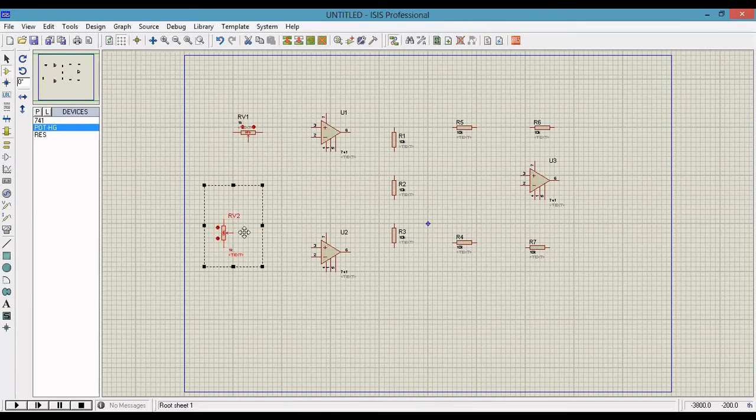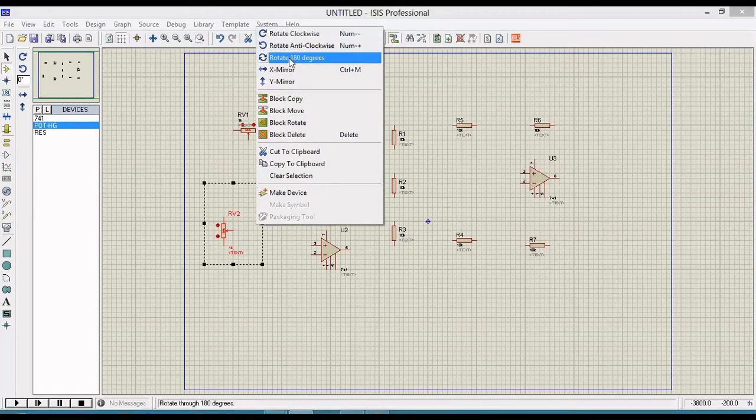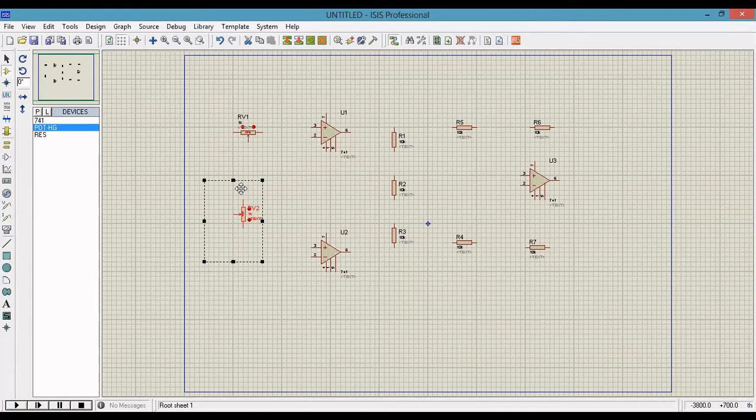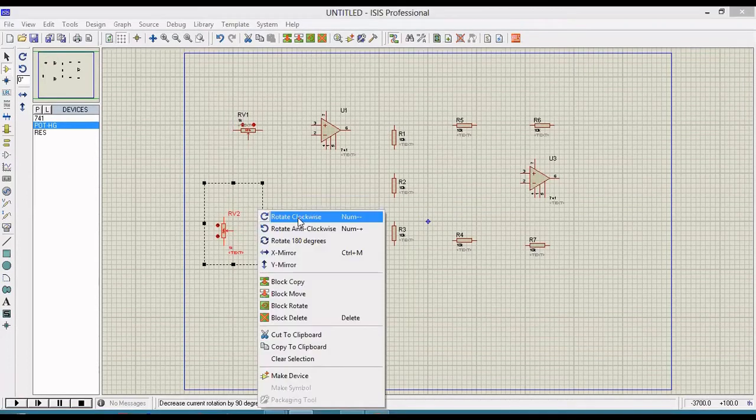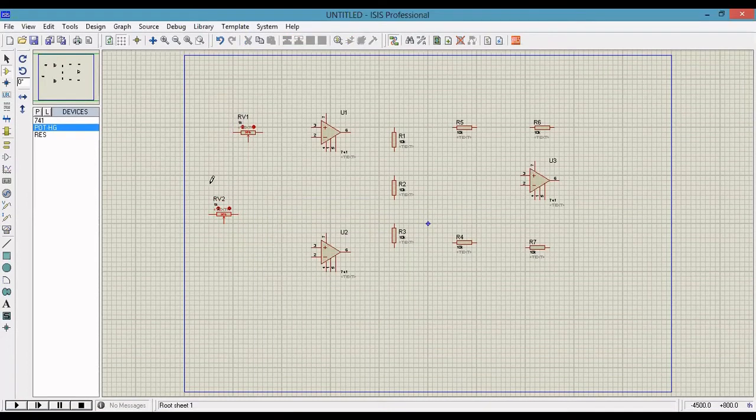We need two parts because we are going to give two inputs. Both the inputs are connected to the positive.